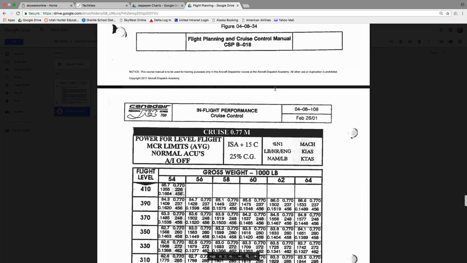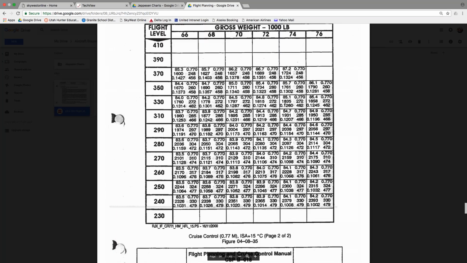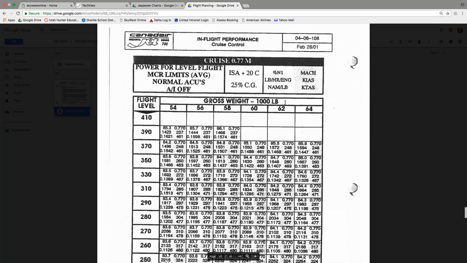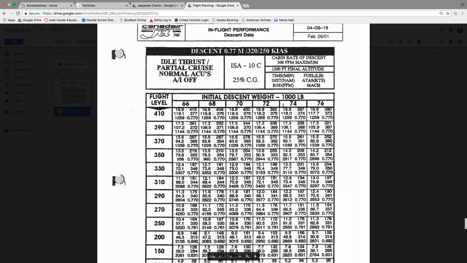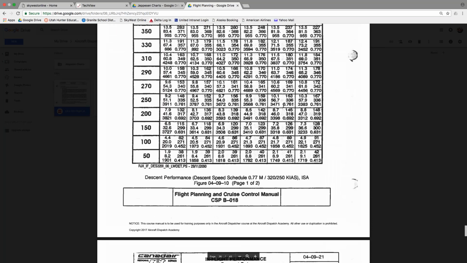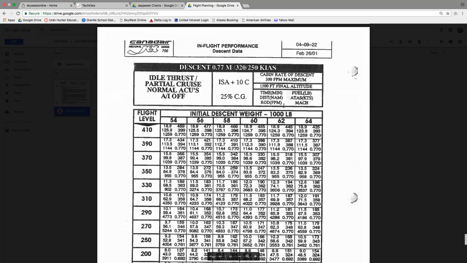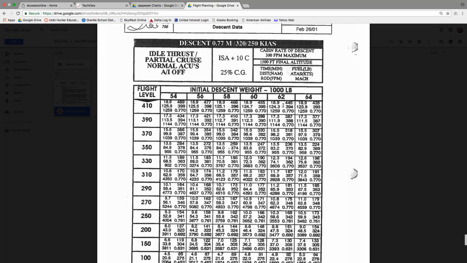I think this is the one where you have to interpolate using two charts that are diagonal. Okay, we'll see here. So our descent, we found out that Salt Lake was what ISA deviation? ISA plus 10, okay?